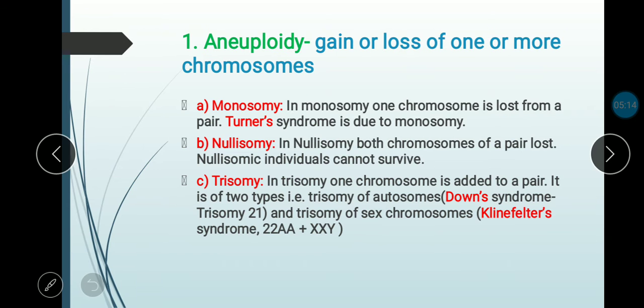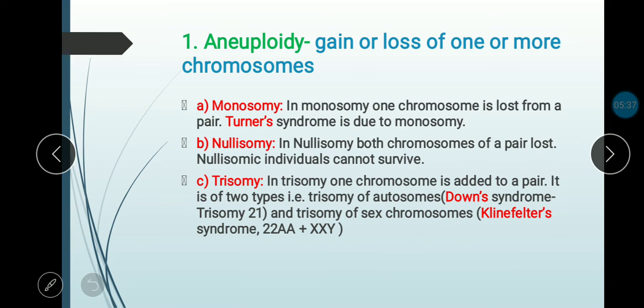We see them one by one. Monosomy means one chromosome is lost from a pair. When only one chromosome is lost, it causes the mutation, and its well-known example is Turner's syndrome.